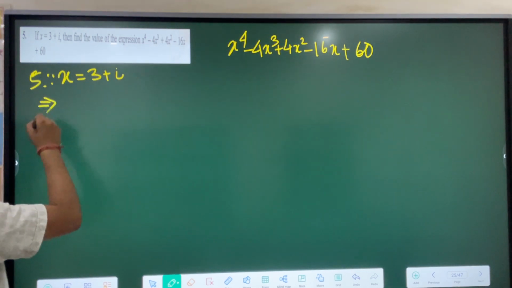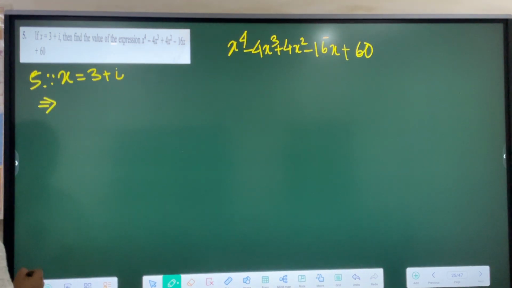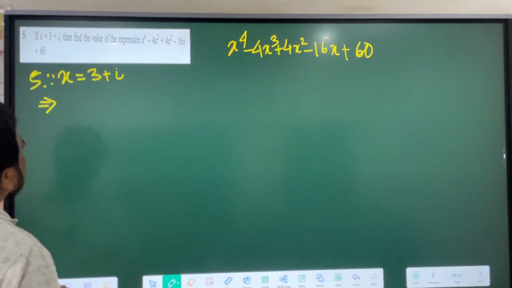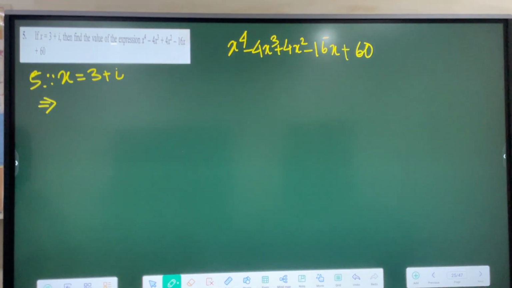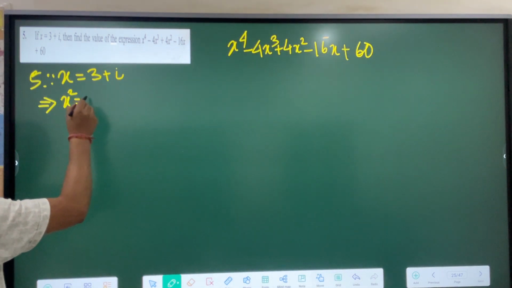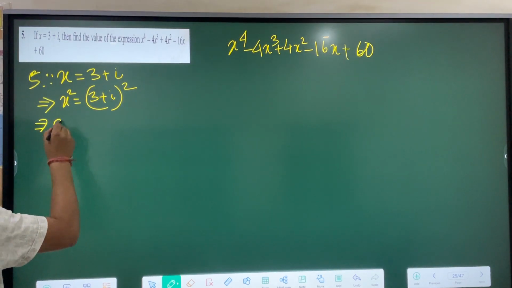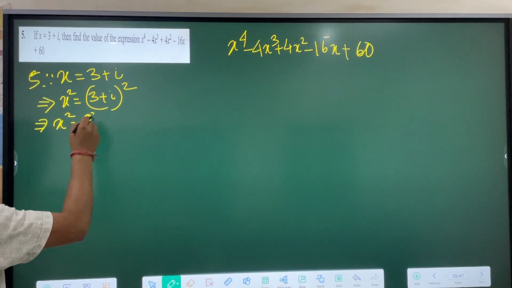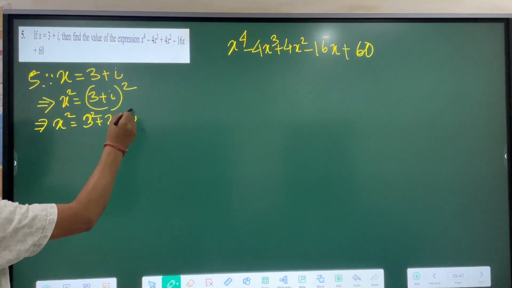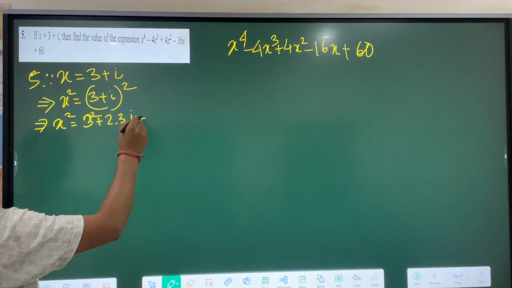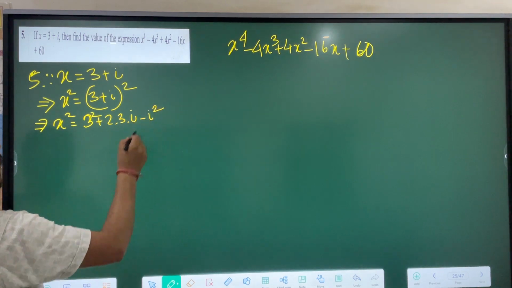So first let us see how much is x square. Let us do squaring both sides. Let us see what can be found. 3 square plus 2 into 3 into i minus i square.